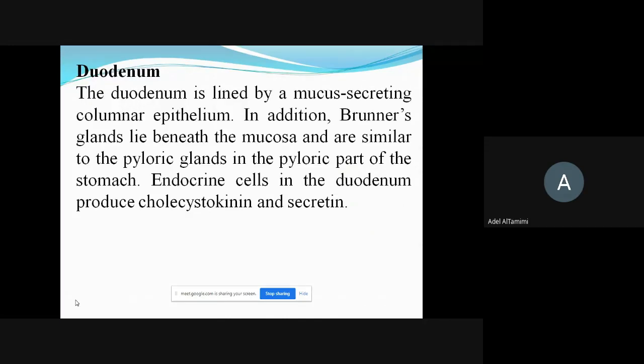The duodenum is lined by mucus secreting columnar cells. As we said, the Brunner's glands lie beneath the mucosa and are similar to the pyloric glands in the pyloric part of the stomach.